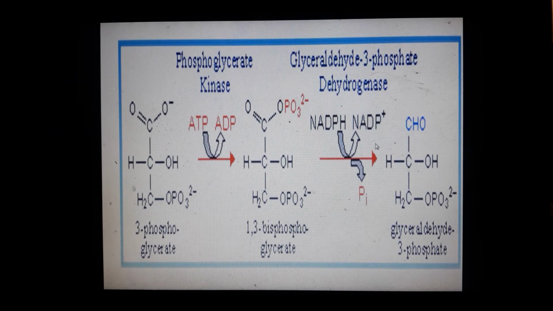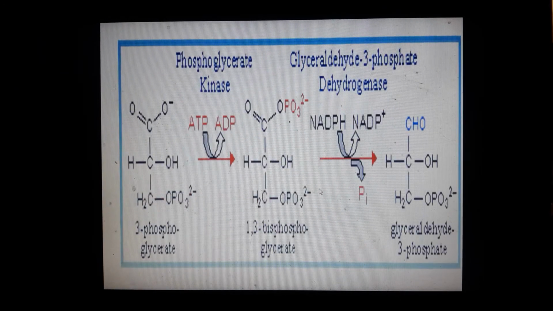So there is what we call a reducing agent. NADPH is converted to NADP. Okay? So there is what we call a removal of that phosphate group.